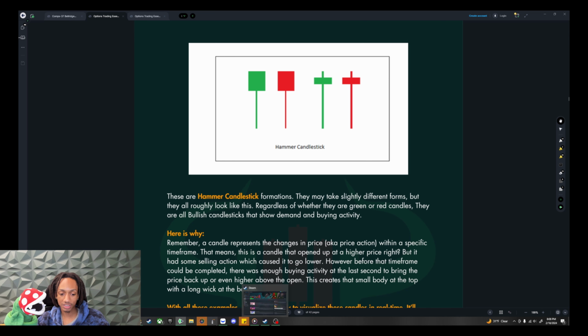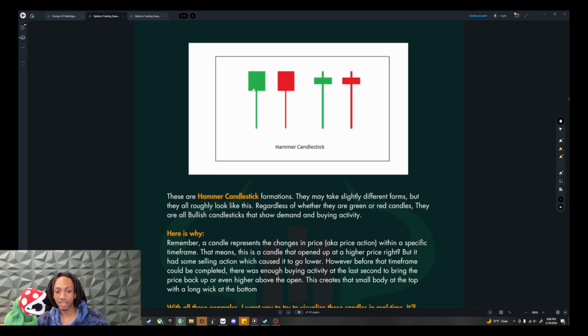When you watch a live example or live trading and you see a hammer candlestick form, I always talk about how the stock market is an auction. People are buying and selling, and when the stock moves up, it means people are buying. When the stock moves down, it means people are selling.